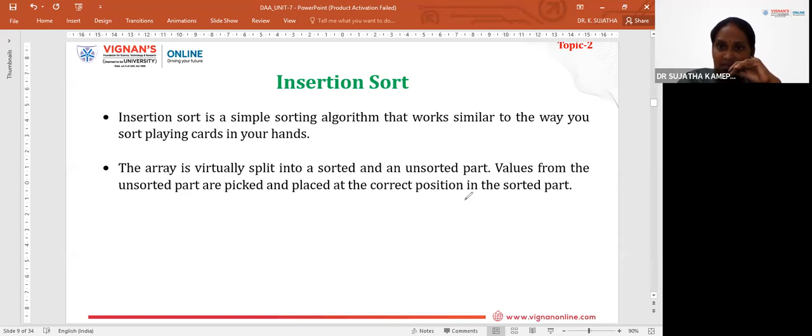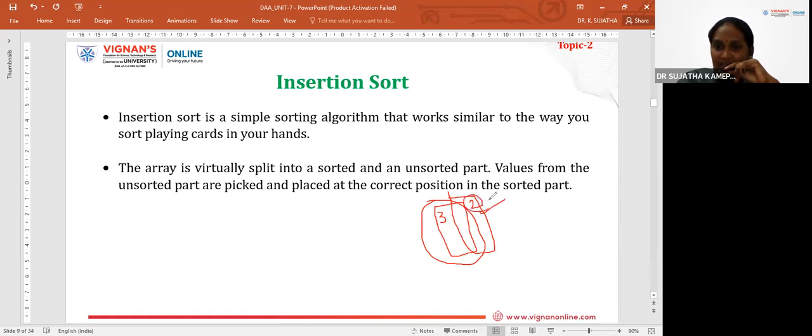Suppose, for example, here you have a card with value 3, and here a card with value, let us say, 2. We assume that the first card is already sorted. Now we select the next card and take its value.